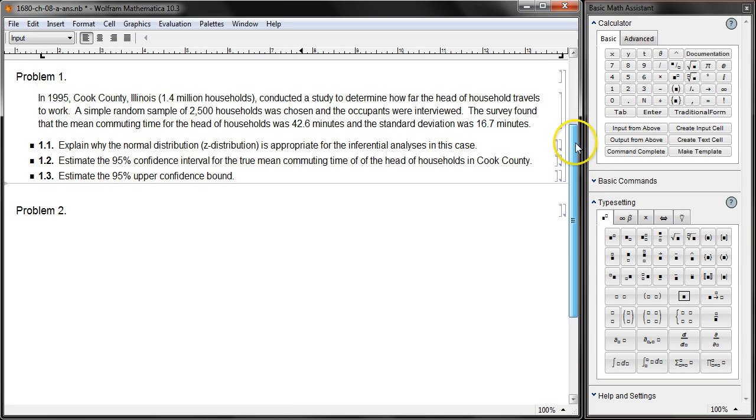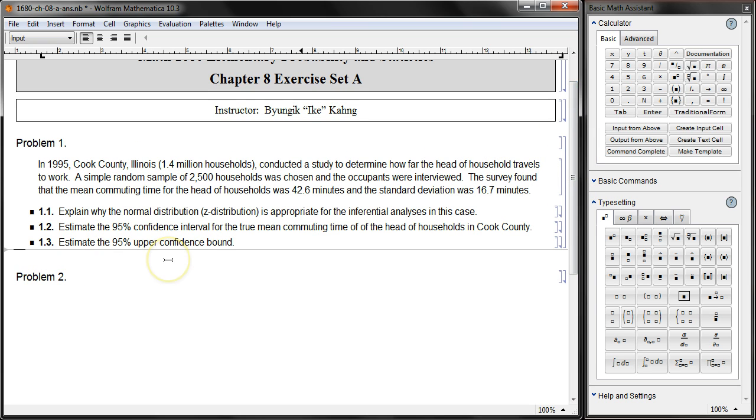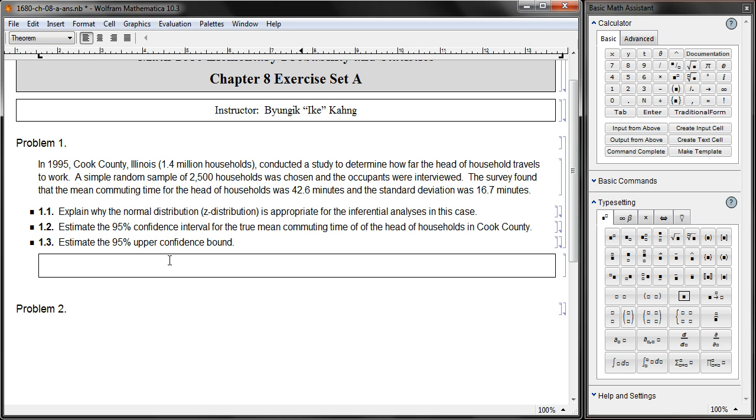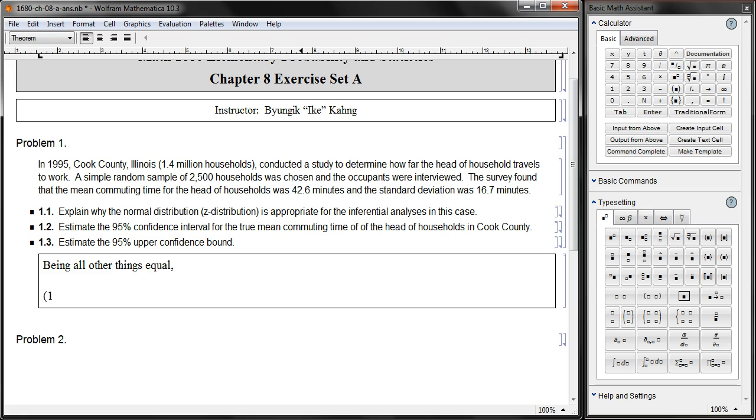So what kind of conclusion did we draw from this kind of experiment? Let's try to summarize that. Being all other things equal, if we get larger confidence level, what do we get?